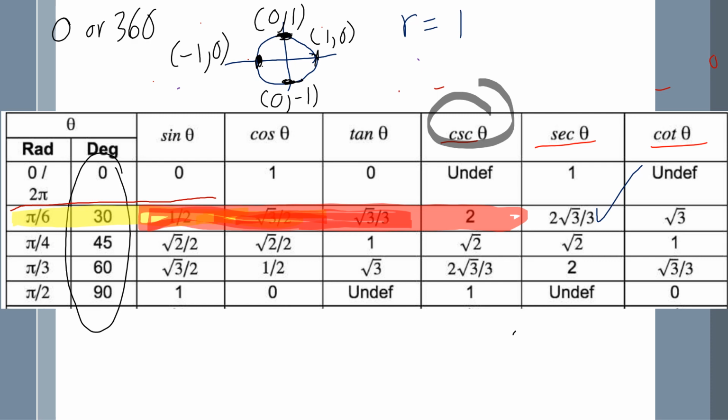So if I was to say, give me sine of 2 pi, that's also saying 360 degrees. How did you get that? All right. So let's do it.